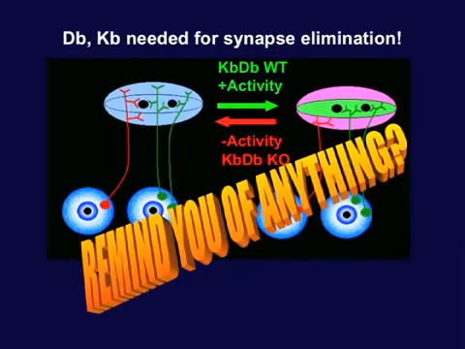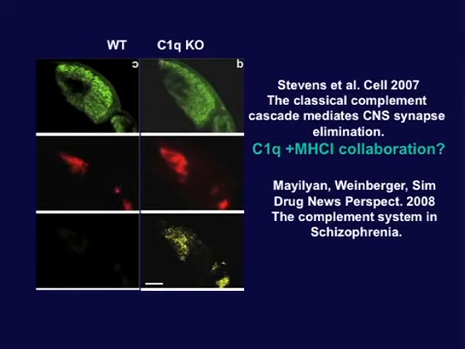Okay, I don't know if this would remind you of anything, but I'm just going to tell you that this phenotype is identical to a phenotype that is present in mice lacking C1q or C3 or other aspects of the complement cascade.